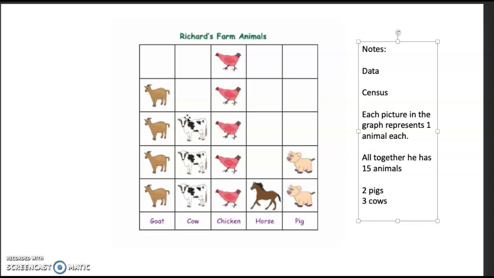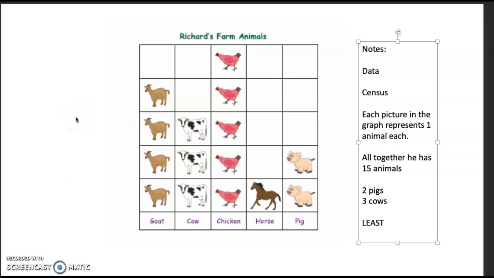Okay, so here's what we're going to do next. There's 2 really important words that we use when we read a graph. We are going to say the word least and most because that's what's important. We're comparing the animals, right? So when I say least, what does that mean? Does that mean there's a lot or is there just a few? And comparing it with all the animals, which is the least amount that he has at the farm?